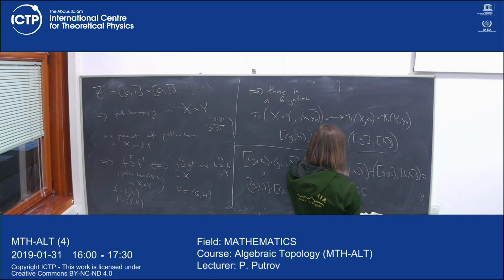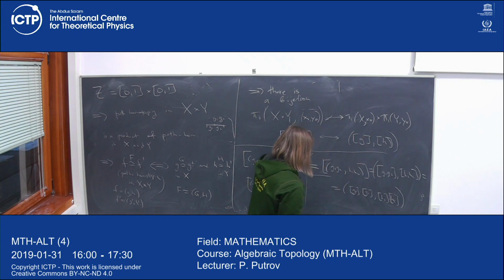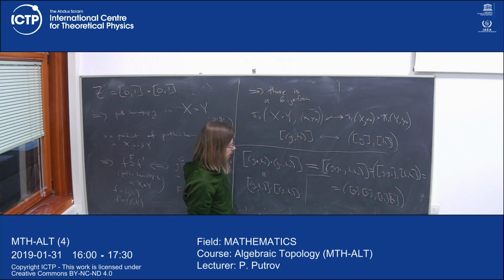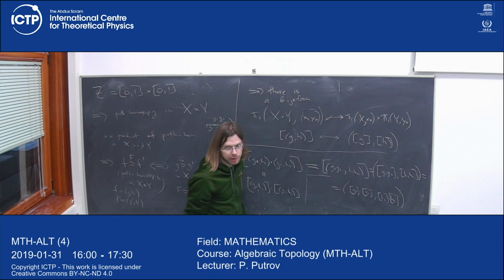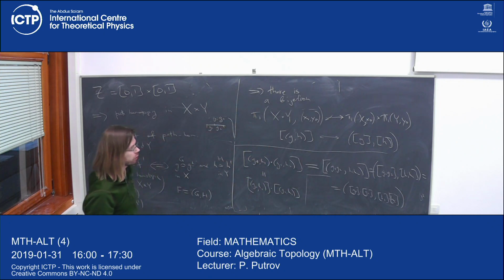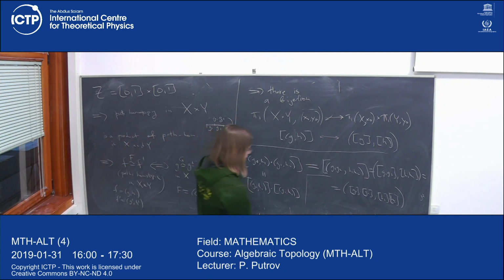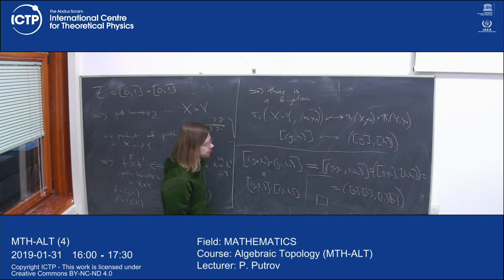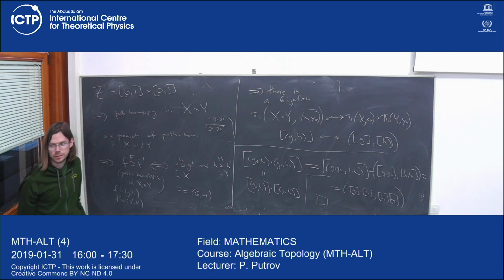Here we use the definition of pi 1 in X and Y separately, and this is indeed the definition of the product of elements in the product of groups. So this concludes the proposition. Any questions?